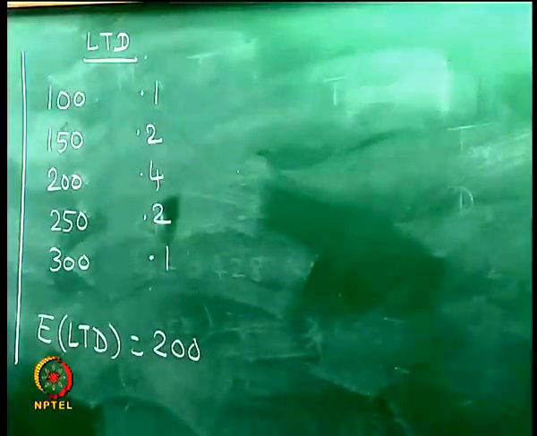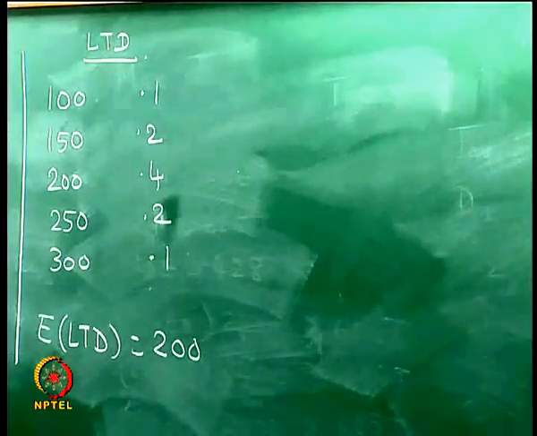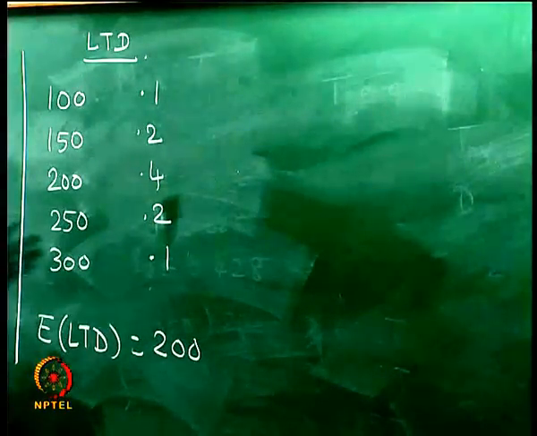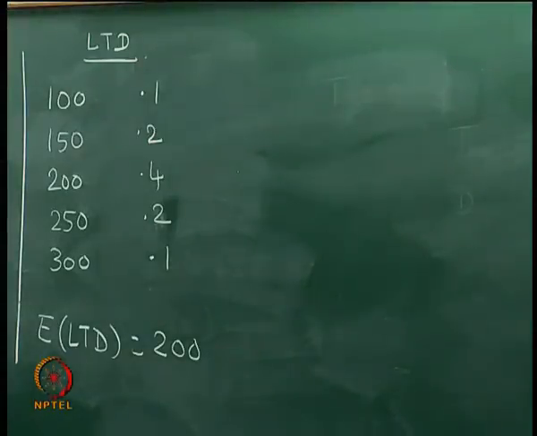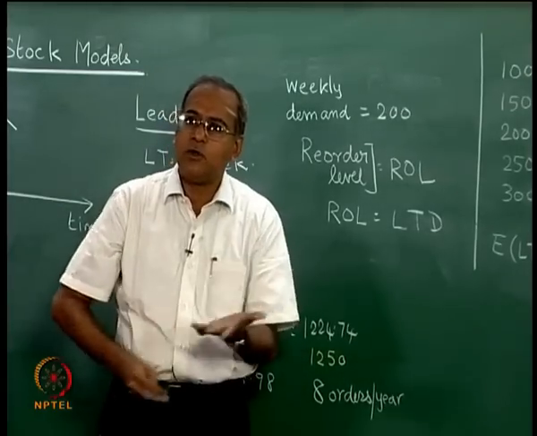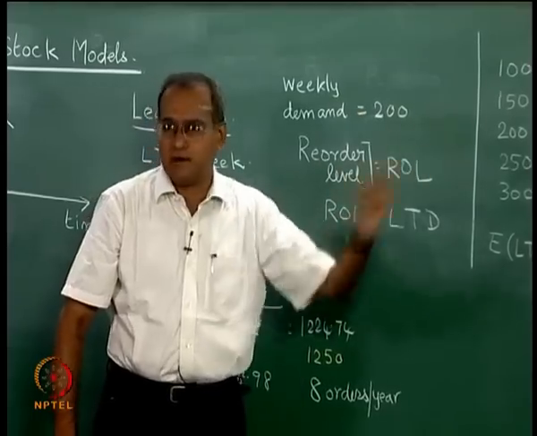Even before we proceed further, we could ask ourselves, how did we get these numbers? How do we get these probabilities? These probabilities can be thought of as we go back in time and collect historical data as to how the lead time demand has behaved over several past cycles.